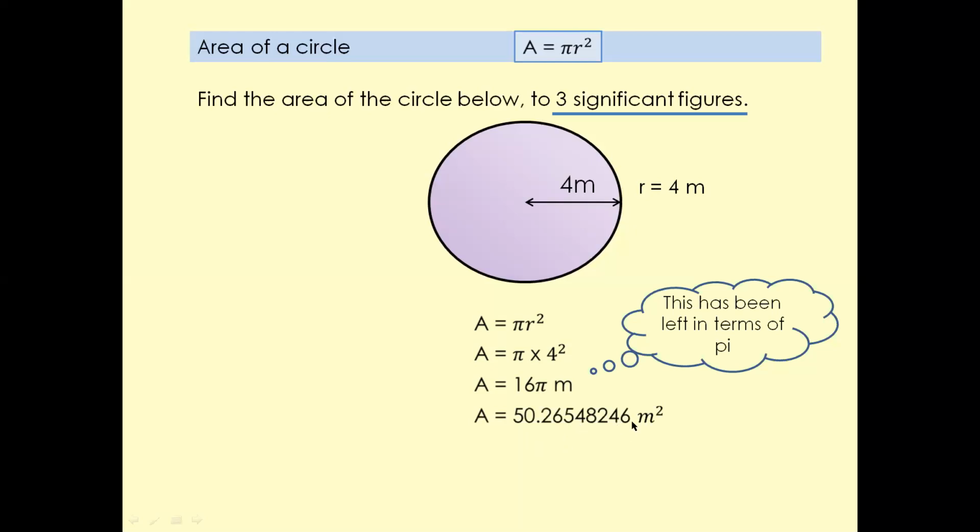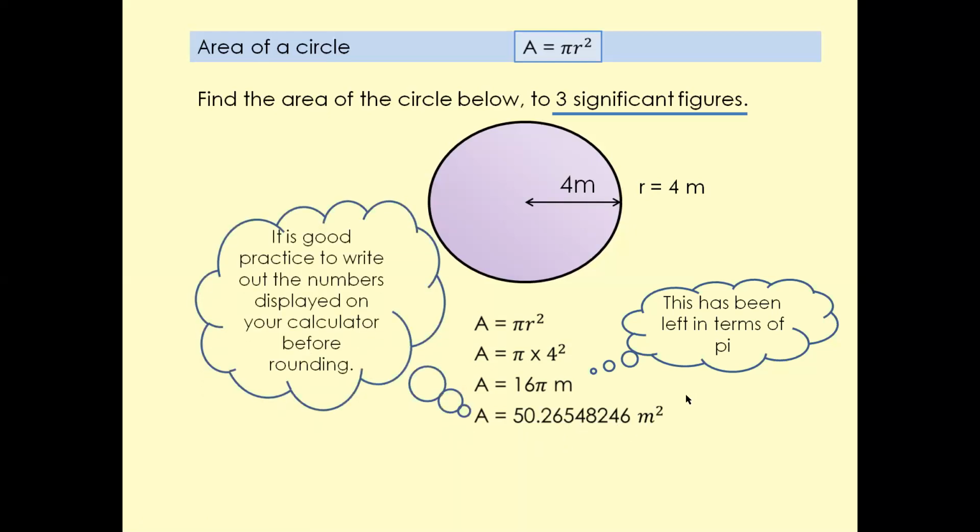That's all the digits on your calculator. It's always a good idea to write all of them to start with before we round the final answer. Then you write the final answer to three significant figures, and our final answer is going to be 50.3 meters squared. This is the answer to three significant figures.